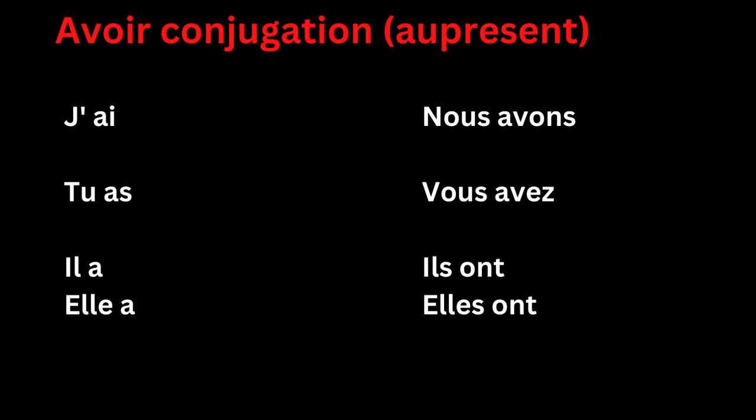Now, I want to give you an exercise, a simple one. Read that word, that phrase on your own and then translate it. Bravo. J'ai. It means I have. Bravo.